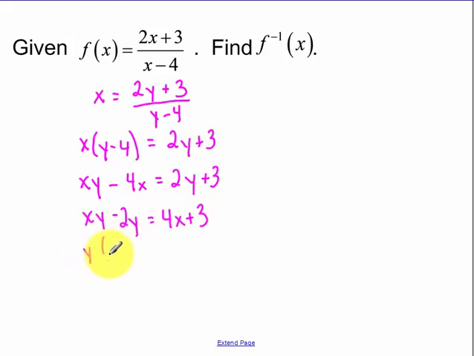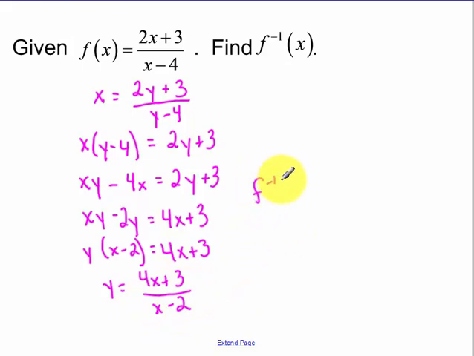Factor out your y. And then y equals 4x plus 3 over x minus 2. So therefore our inverse of this function is 4x plus 3 over x minus 2.